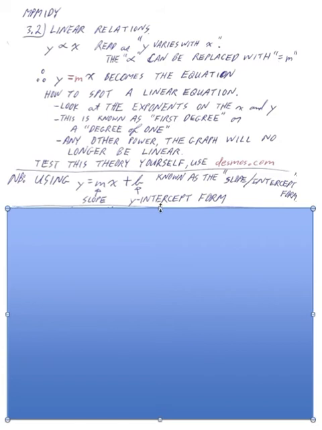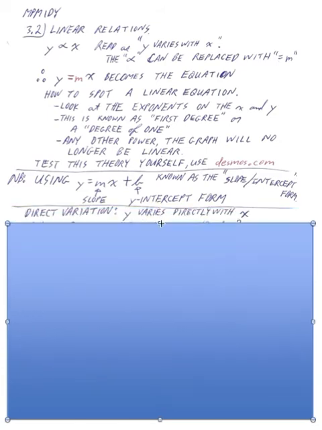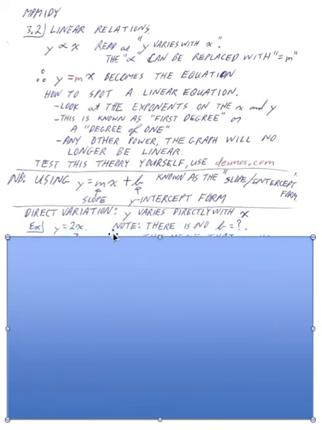Now, two basic types of linear equations. The first one is direct variation, where y varies directly with x. We've seen this, for example, y equals 2x. There's your equals mx. You'll notice that there is no b factor, no extra piece.